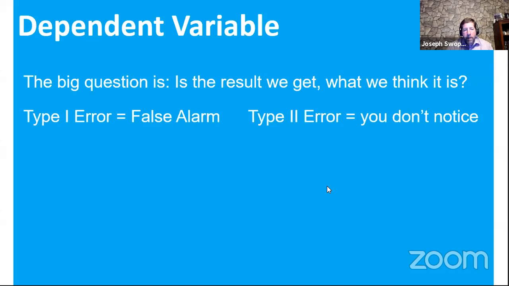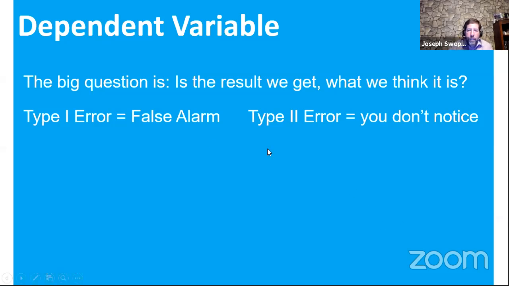With dependent variable, the big question is: is the result what we think it is? And that brings up two errors we can get once we get our dependent variable. So if we spend days, weeks, or even years setting up this huge experiment, and we get our participants, we divide them into groups, and we'll talk about that later, and we give one group an independent variable and one group nothing or a placebo, and we wait and wait and wait, and then we measure them and we have a result.